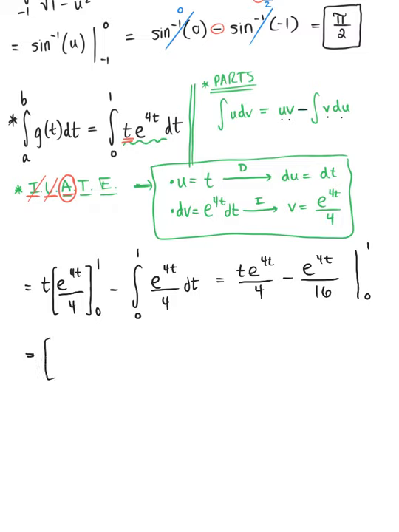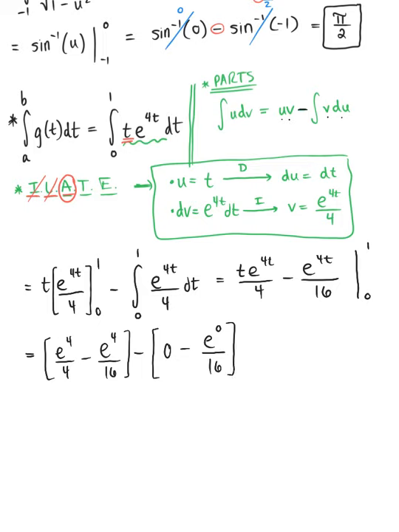Plugging in 1, we'll end up with the natural exponential raised to the 4 by 4 minus the natural exponential raised to the 4 by 16, minus, now we are evaluating the antiderivative at 0. So the first term just goes to 0 minus the natural exponential raised to the 0 divided by 16.